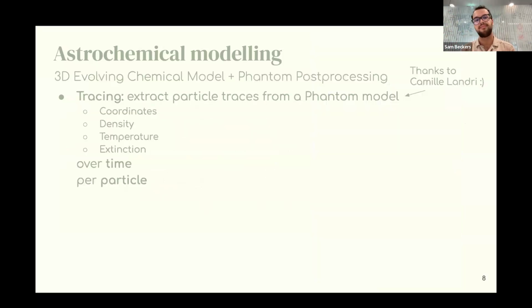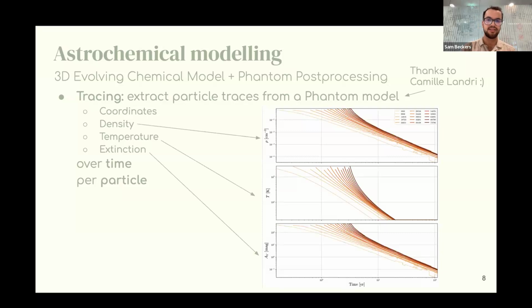For 3D modeling, we need to do some tracing. So we trace particles from a Phantom model, thanks to Camille, and we get from that the coordinates, density, temperature, and extinction. And that looks like this. So you see that for each particle over each time step, we get all these parameters.